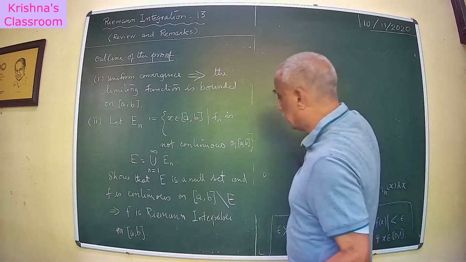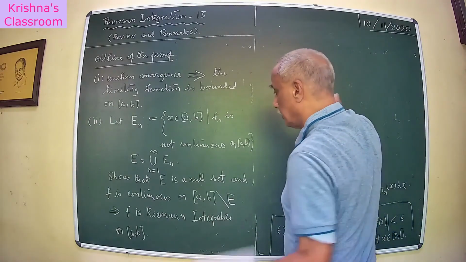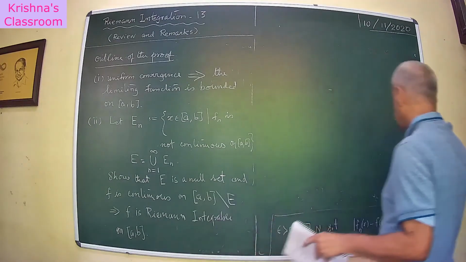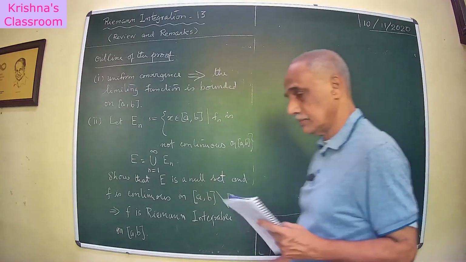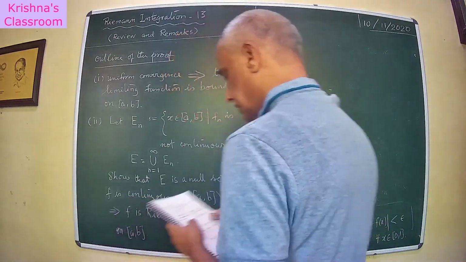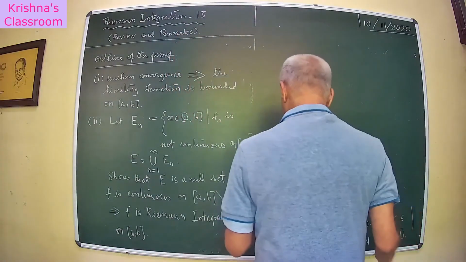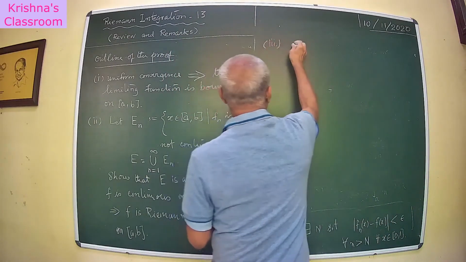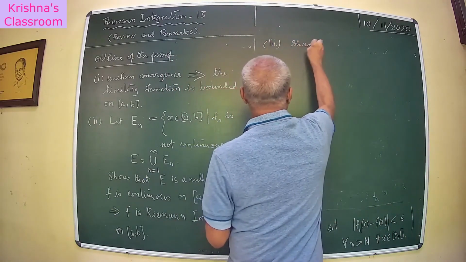So you see that this condition is satisfied in the first example. In the second example, it is not satisfied. So you can see this. Now the third part is to show the remaining step.